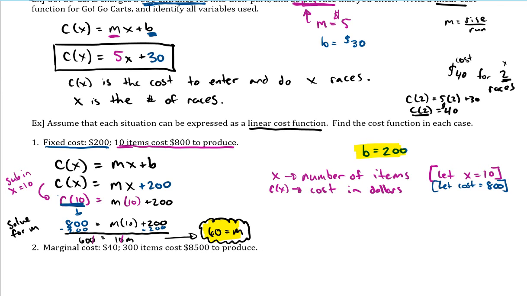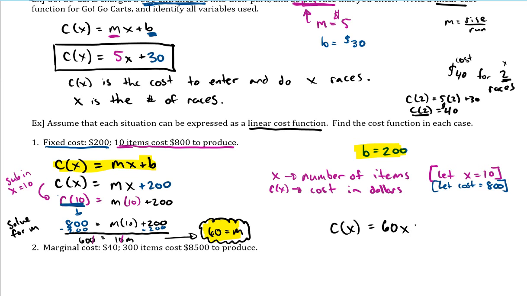And the b that they gave us right away was also important to us. Now let's go back to our original function. All of these that are in the highlight are going to combine. On our left side, we will just leave it as C of X. And now let's sub in the 60 for m.